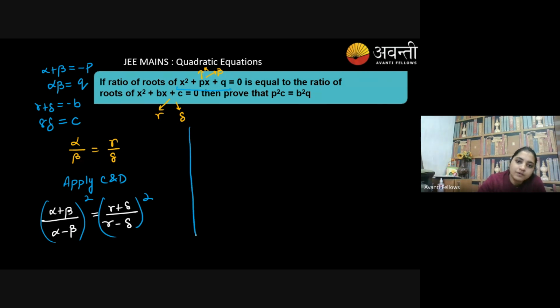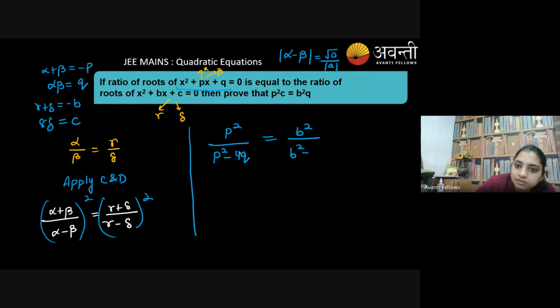So, how many of you remember we learned the formula alpha minus beta also, that was root d upon a, right? So, alpha plus beta is minus b upon a, so b square. Alpha minus beta, what can I rewrite? I can rewrite it as b square minus 4ac upon a square is equal to, in the same way, p square divided by q square minus 4 c, right or not?